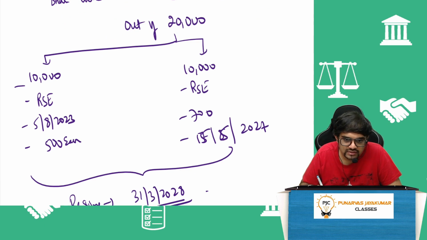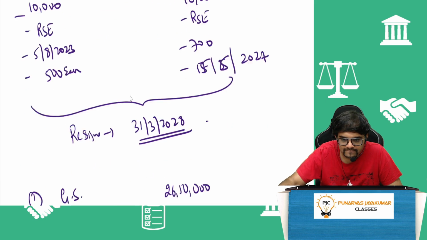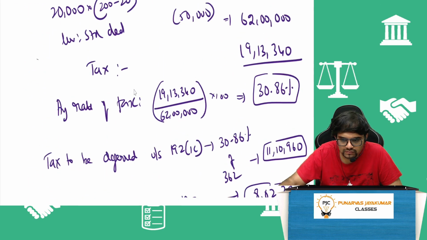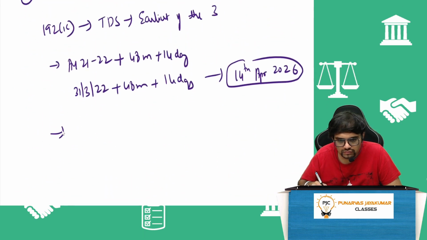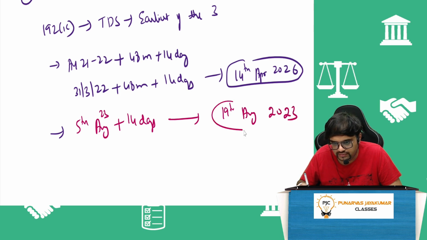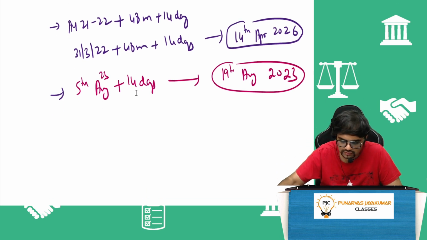That is which day? Talking about 5th August, you know. 5th August 23 plus 14 days, 19th August 2023.